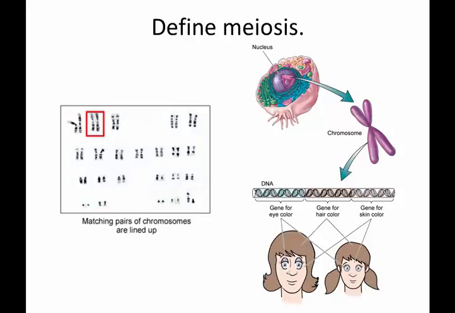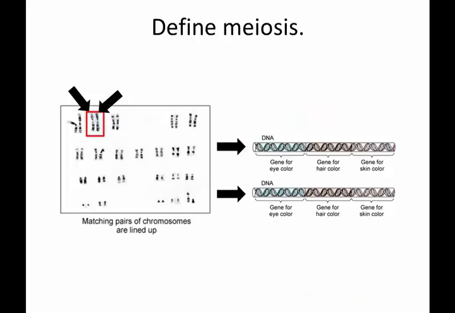If we were to actually look at this pair, as I've been mentioning already, one of these chromosomes would be the chromosome that came from our mother. It would code for, again, eye color, hair color, or skin color at various regions along the chromosome. But we have a second chromosome from our father. And what that chromosome would have is actually the exact same regions, though maybe different versions of the genes that we ultimately get from our father.